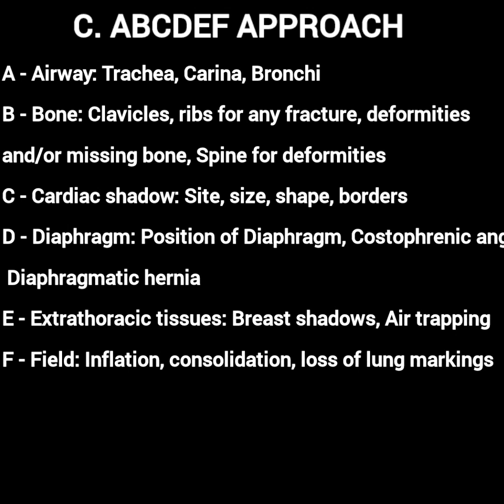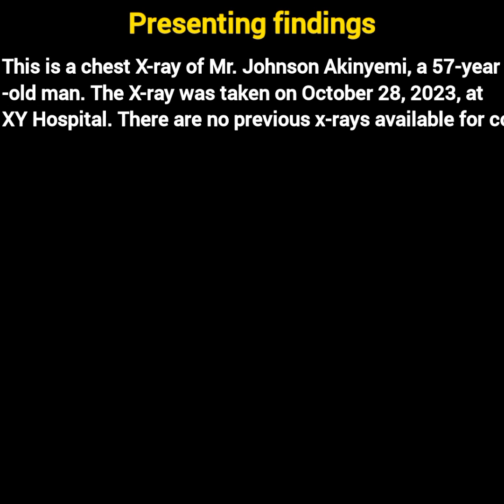In presenting findings of a normal chest X-ray: this is a chest X-ray of Mr. Johnson Akinyemi, a 57-year-old man. The X-ray was taken on October 28, 2023 at XY Hospital. There are no previous X-rays available for comparison.